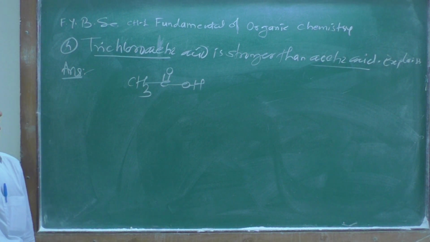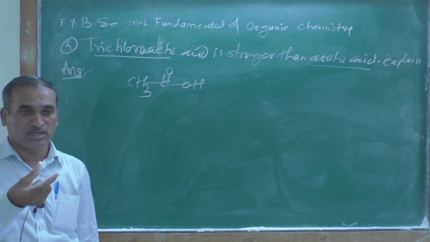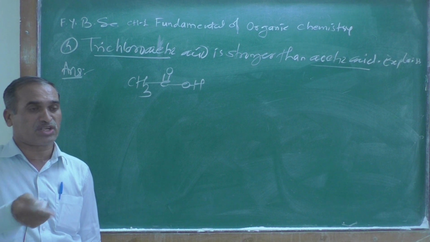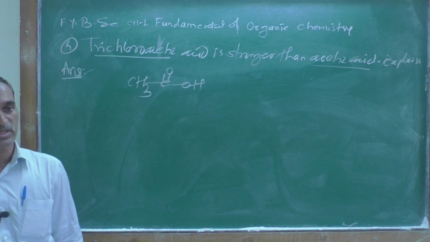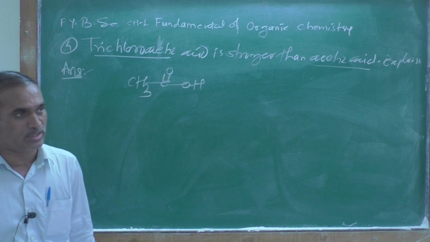And after the dissociation, acidity is measured. It depends upon the extent of dissociation of the H plus ion. The greater the number of H plus ions produced, the stronger the acid.